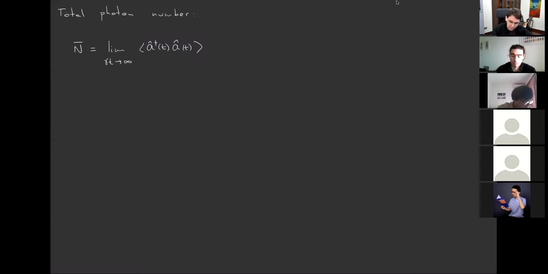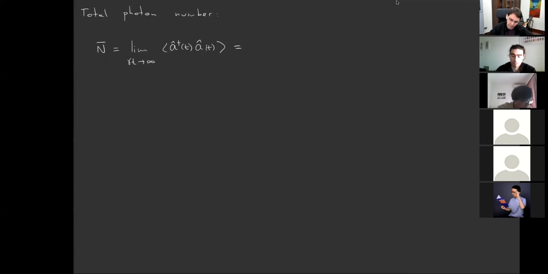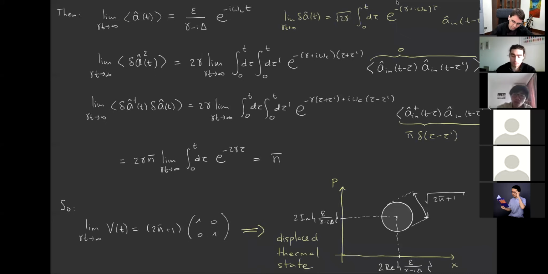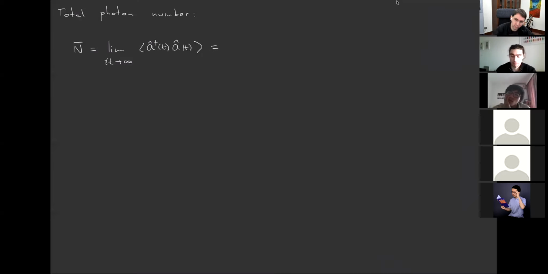Okay? This has two contributions. One is the contribution that simply comes from the absolute value squared of the first order moment. And the other is the contribution that comes from the fluctuations. In other words, we have a number of excitations excited by the laser that is given by this, and then a number of excitations that is just excited by the temperature.